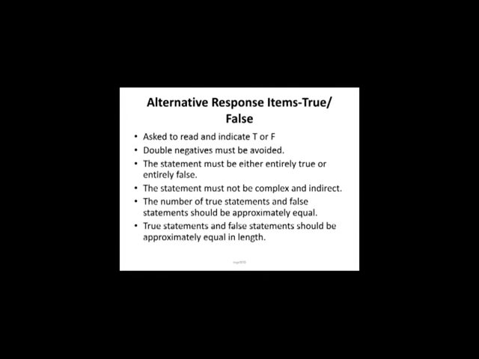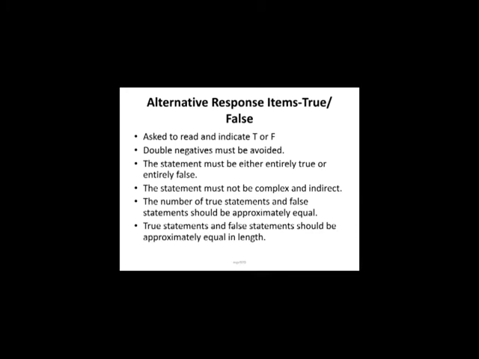The other type of objective test item is alternative response items. We say true or false items. Here the respondee is asked to read and indicate whether the statement provided is true or false.